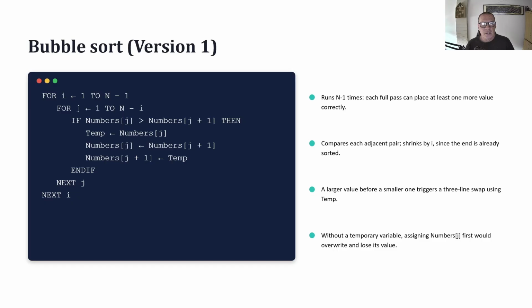And you can see that the number of times we need to do that is n minus 1. In our example we had 4. If we do 3, we can guarantee that the data is in the right order. And the inner loop is also n minus 1 because it's comparing this item with the next one. When we get to the end of the array, there's nothing after it to compare with, so we have to stop one short of the end of the array.